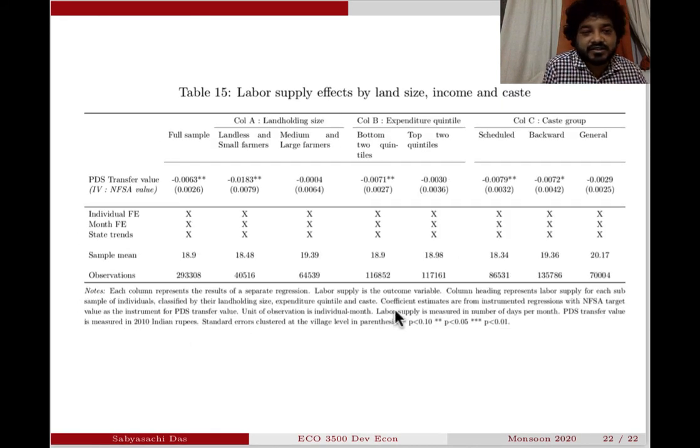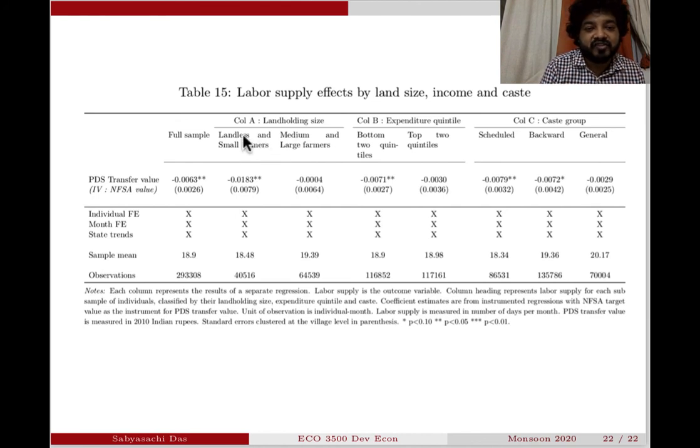This is the final slide. Here, again, they are bifurcating this labor supply effect, now by different kinds of landholding of the households, rather than looking at gender or the destination sector where they're working. They are now using household characteristics. Are the households landed or not landed?